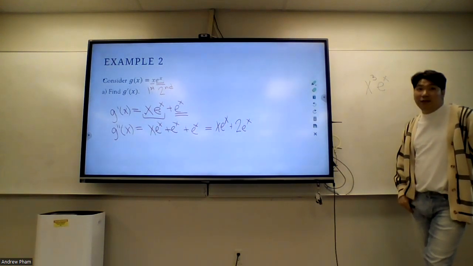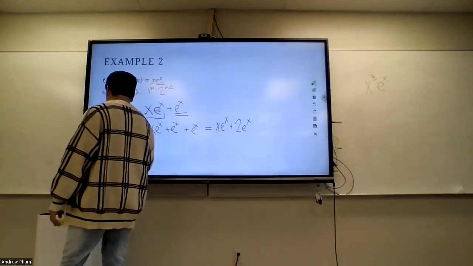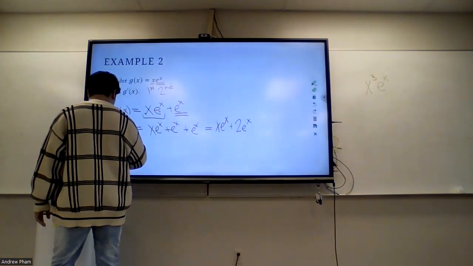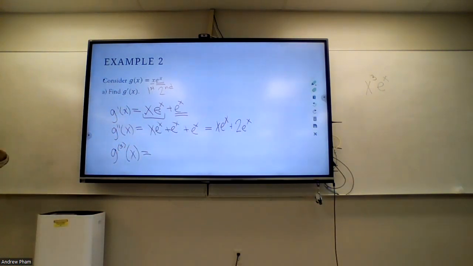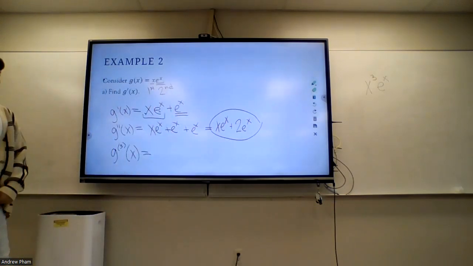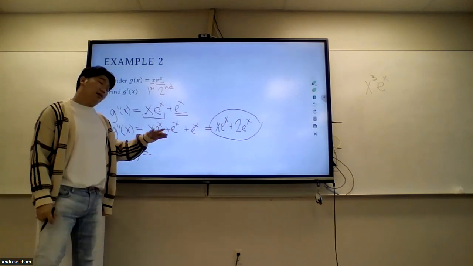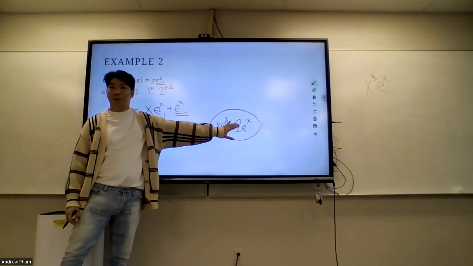Let's get the third derivative. So third derivative, I'm using this, so I'm looking at this expression. Once again, we're probably noticing a pattern here. To get the third derivative, I need to take the derivative of what I have here.